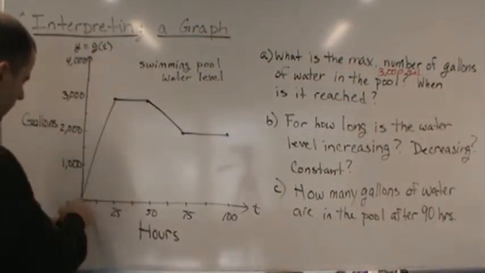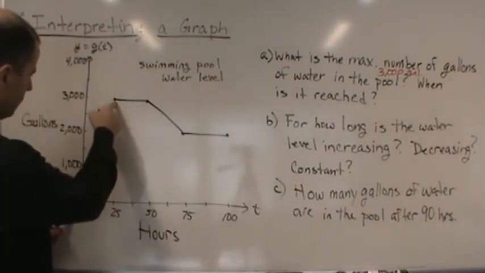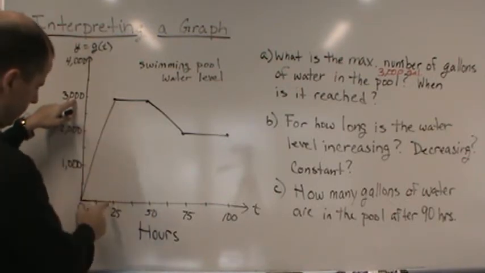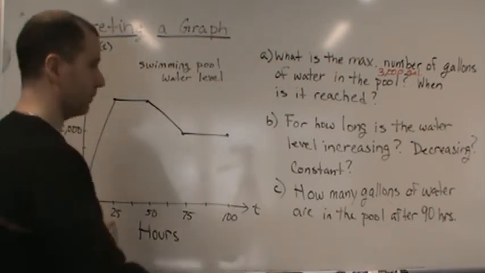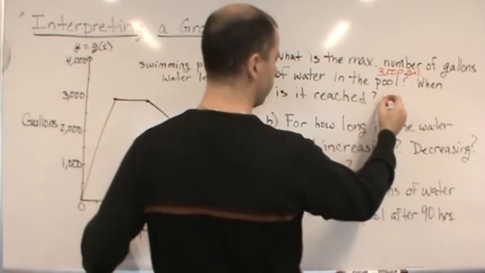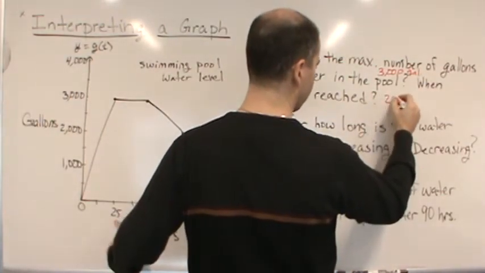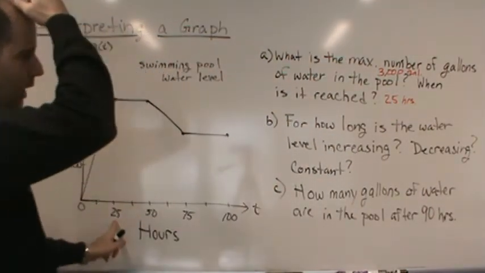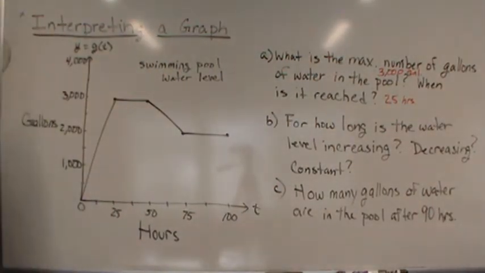Well, it's increasing here and it reaches the maximum water level of 3,000 gallons after 25 hours, when it starts to be filled. Okay, so that's the answer for part A.